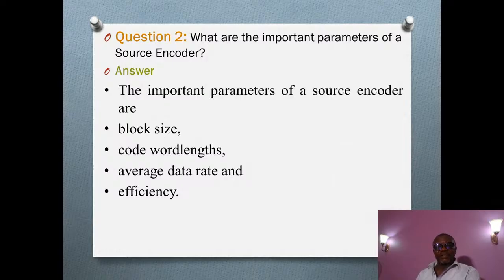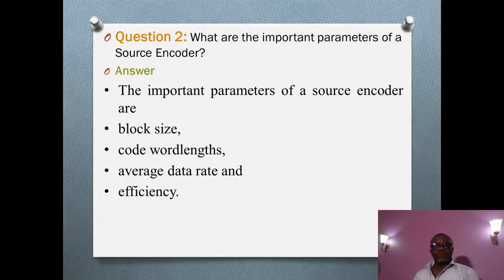The block size is the number of bits that can be contained in one frame to be sent.